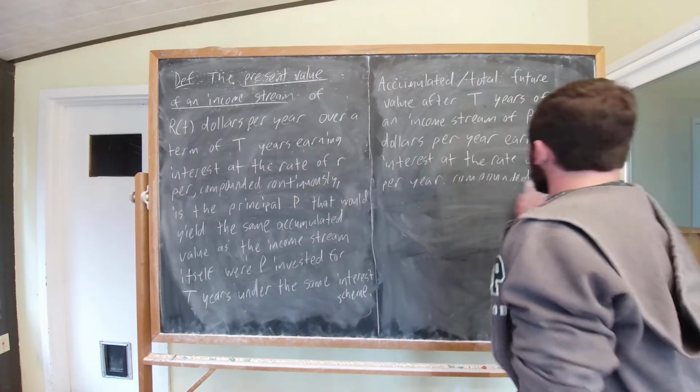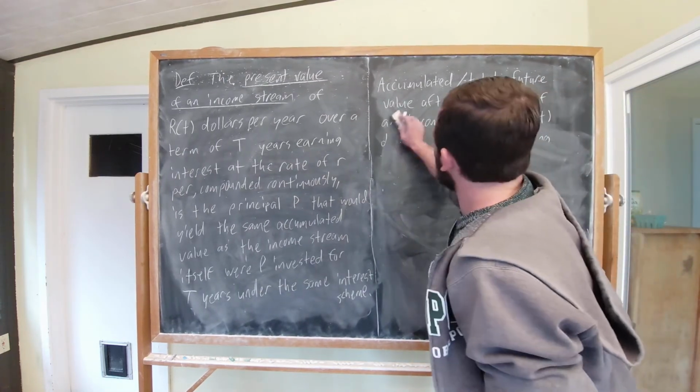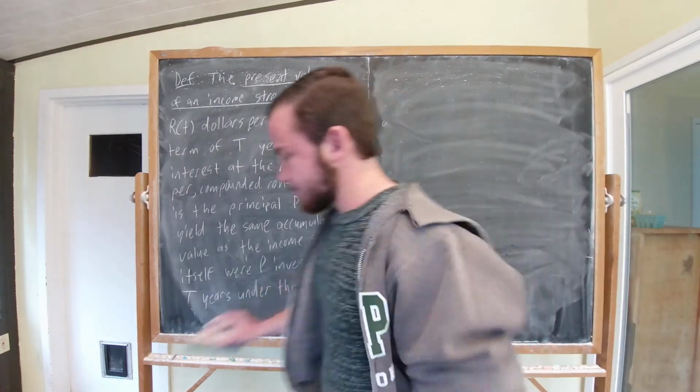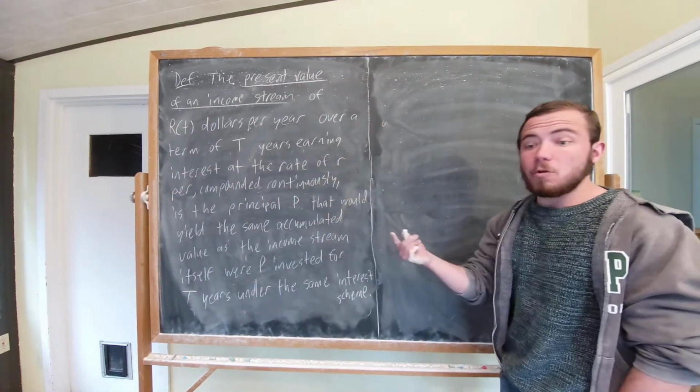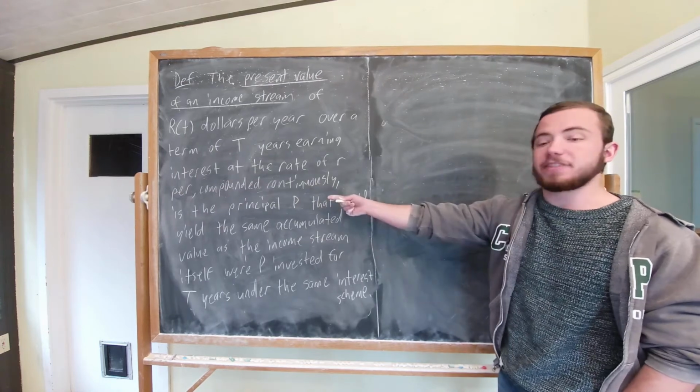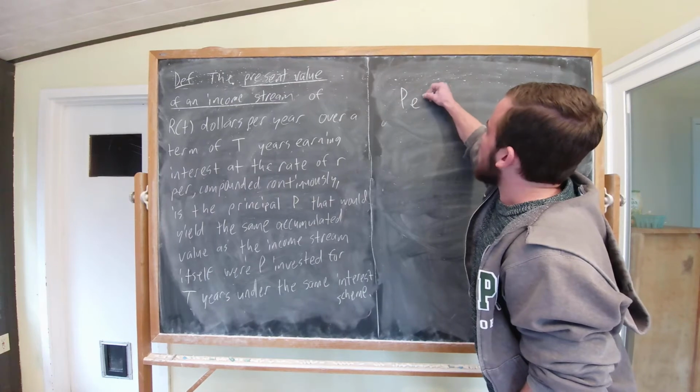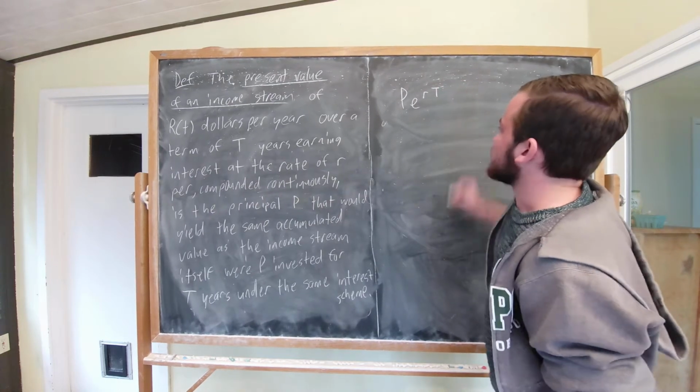So what does our formula for that become? Well, really what we're saying is, how much will we get with just compound interest with this principal for T years? Well, we'd have P e to the R capital T power.